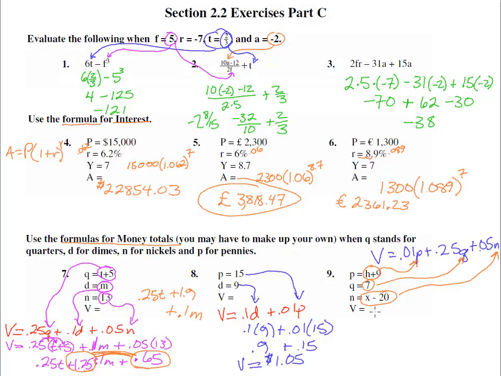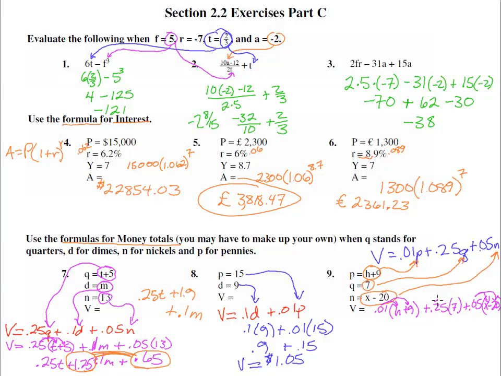So the value is going to be 0.01 for the pennies, and that is h plus 9, plus 0.25 times the q, which is 7, plus 0.05 times the nickels, which is x minus 20. All righty. That's correct. We've stuck them in. Now we just need to simplify what we've done. Here's a parentheses. We're kind of stuck with these letters in here, so we're going to distribute so the parentheses are no longer there.